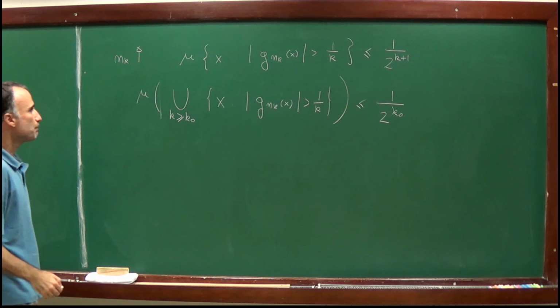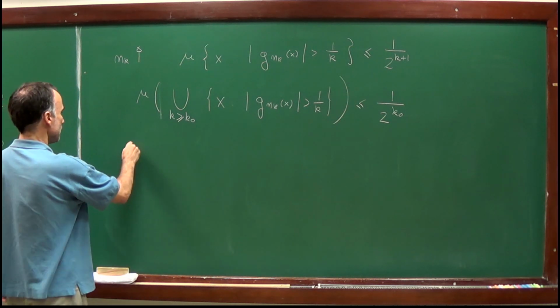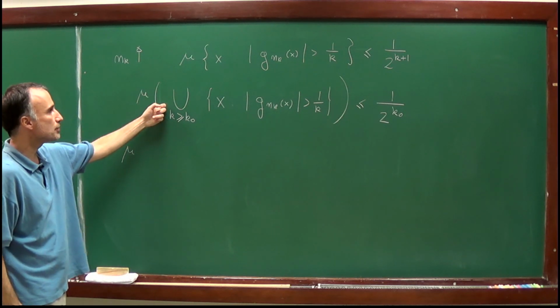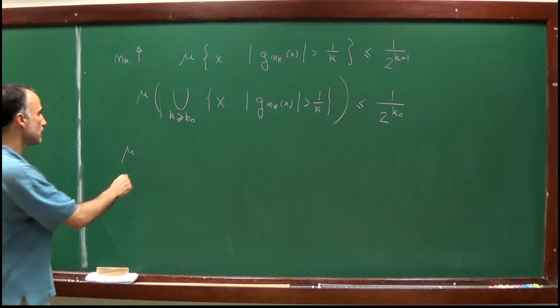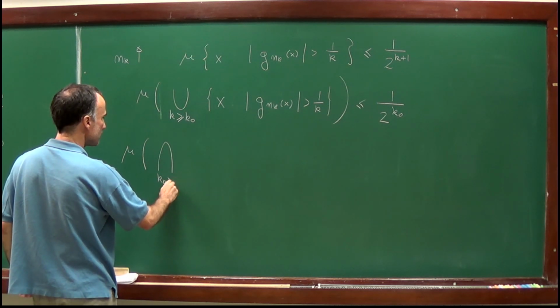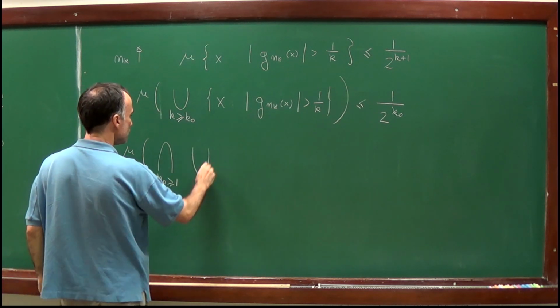So this means that now I can take the intersection over all k0 larger than 1 of this union.